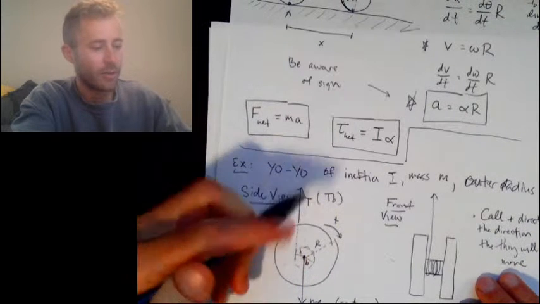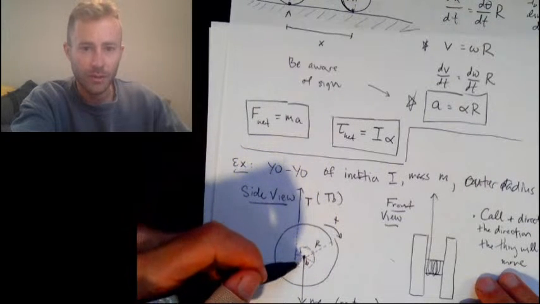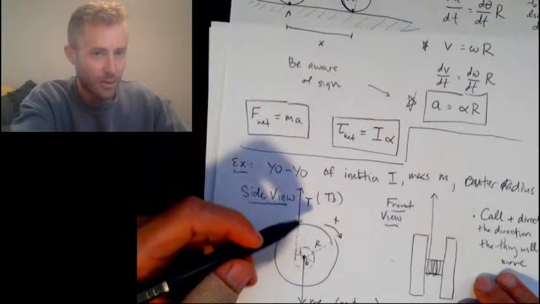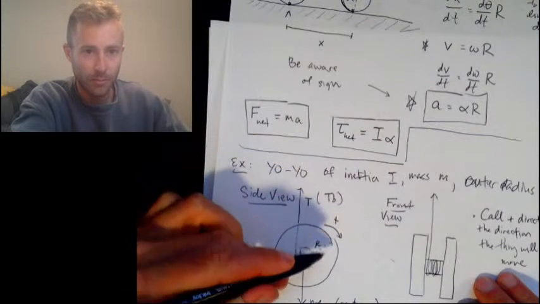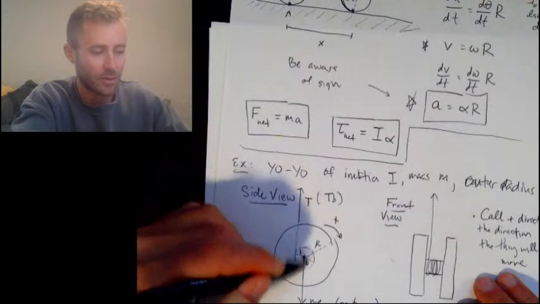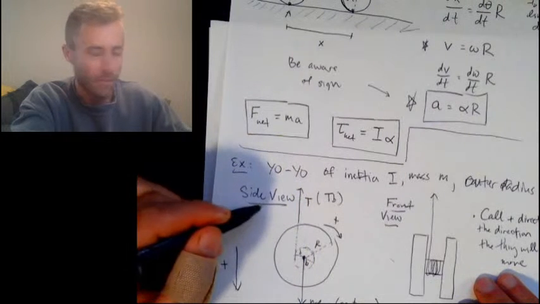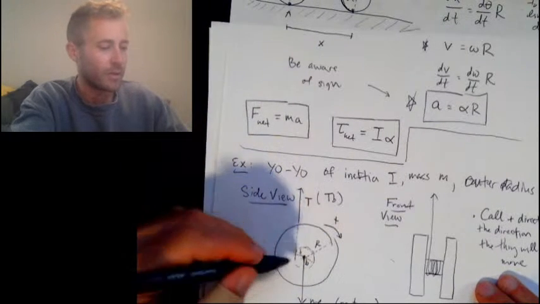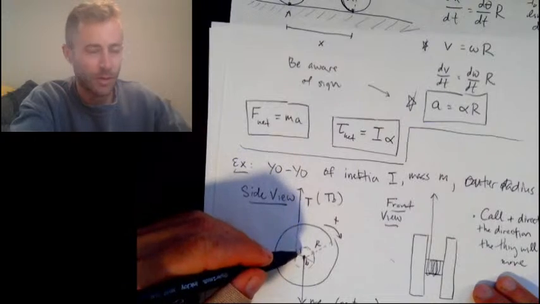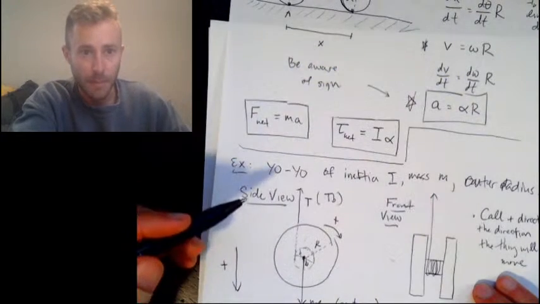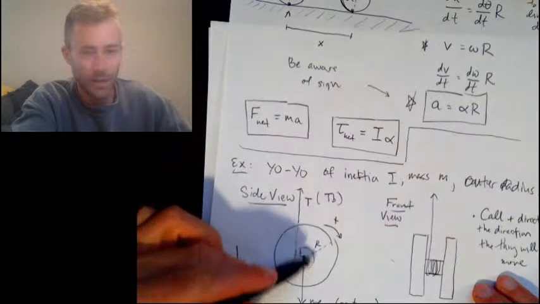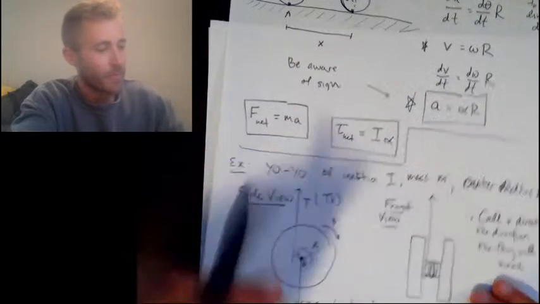I'm using the inner radius because that is the radius the yo-yo is actually unwinding about. The string is wrapped around this inner radius. So it is not alpha times R, but alpha times B, because that's what it's unwinding about.